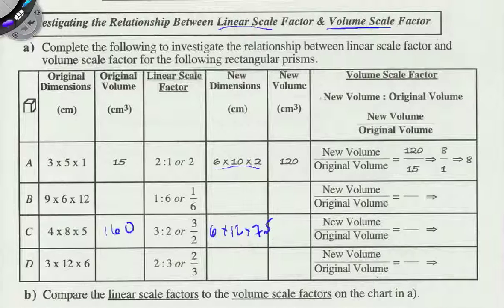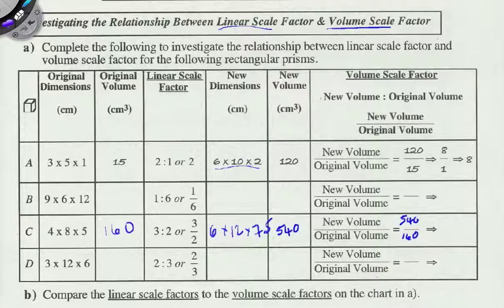So 72 times 7.5 gives me a new volume of 540. Okay, so let's check out 540 divided by the original volume of 160.